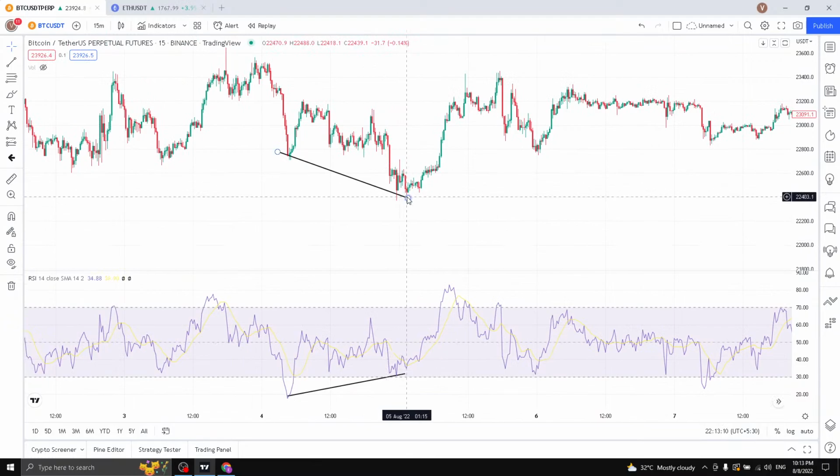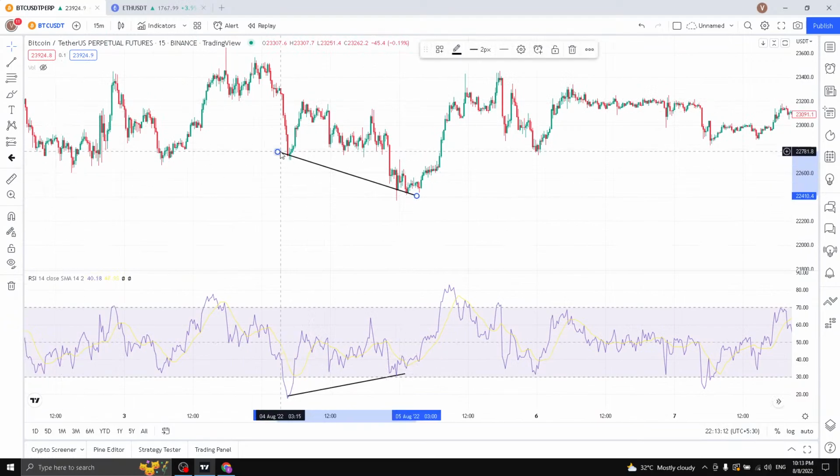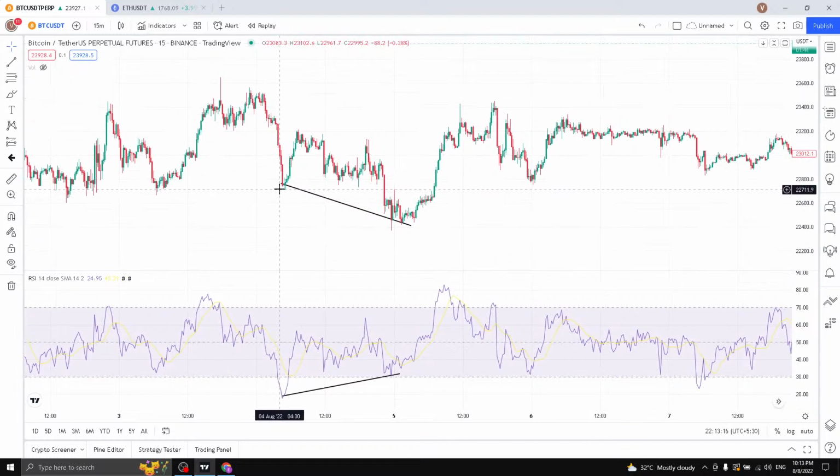Okay, this is on the 15-minute chart of Bitcoin. So as you can see, I connected a lower low to another lower low, but the divergence had formed a higher low, which is bullish. You can see the price went up from here.